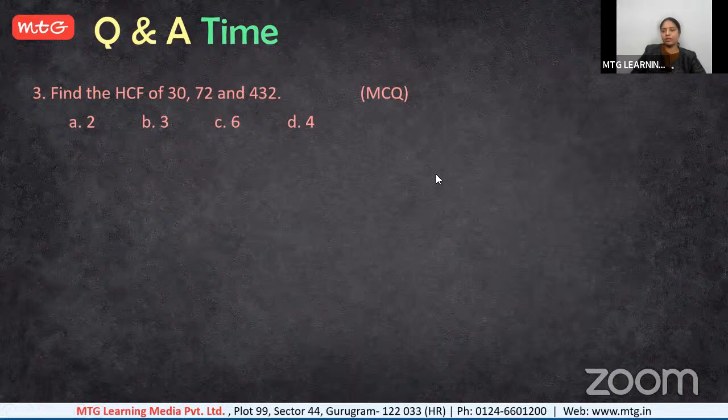Let me read out how many people have given the right answer for the previous question. So I started with Aaron was the first. Then we have Priyadarshini and Pushti, Mayank, Darshini, Aaron, Udan, Manasvi, Arna, very good. Many of you have given right answers. Excellent. There are still many more scrolling down.